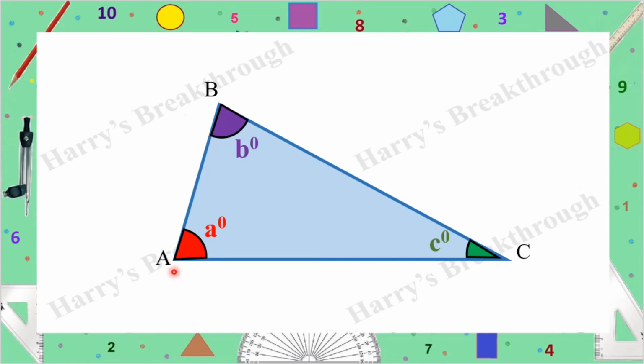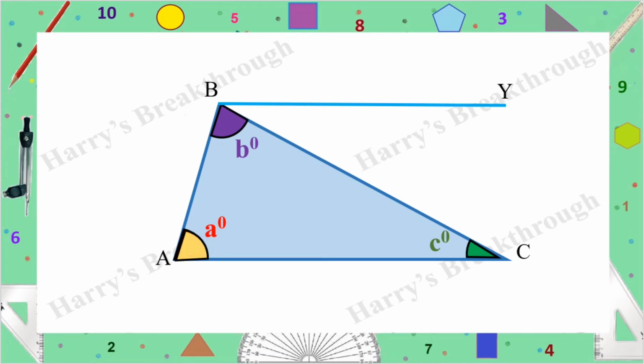Here angle A is A degrees, angle B is B degrees, and angle C is C degrees. Now let's do the same procedure, that is, draw a line through B which is parallel to AC and name it BY. Here you got two parallel lines, AC and BY, and AB is the cutting line.